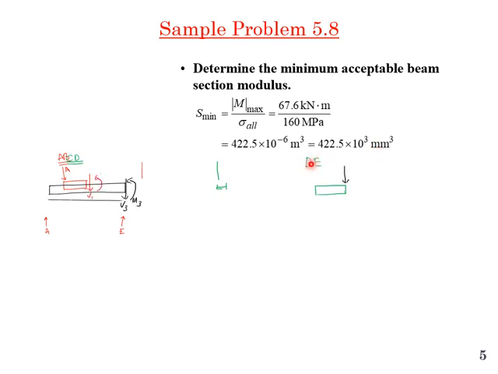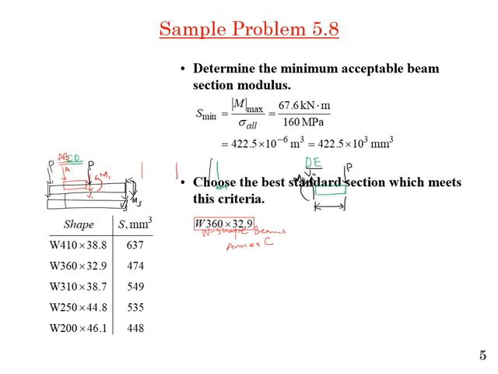Now what we will do, we will look at Annex C, W-shaped beam, and the data is available in NXC, and we will find that these are the beams that are listed on this table. So these beams have a section modulus near to this 422.